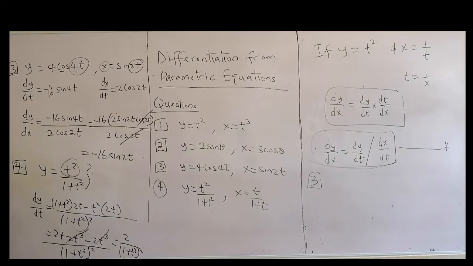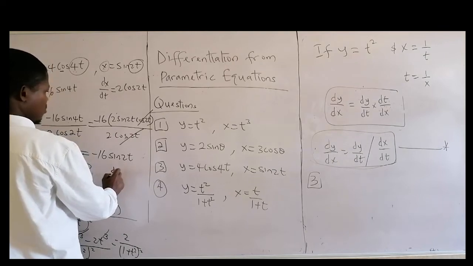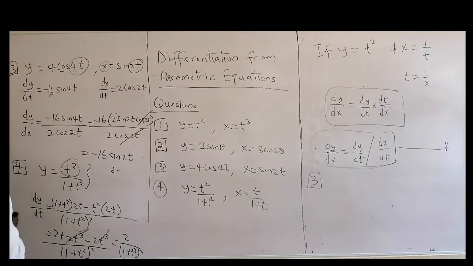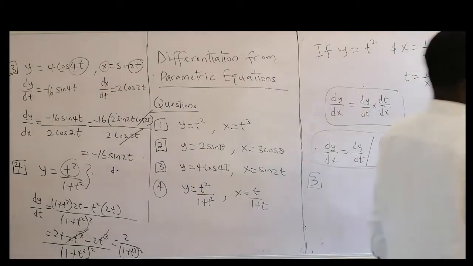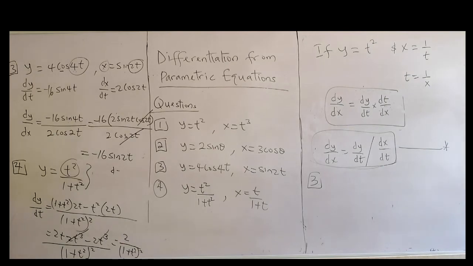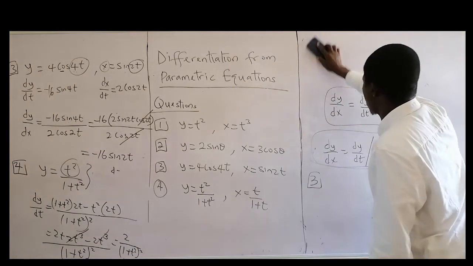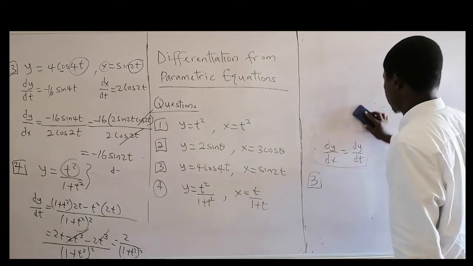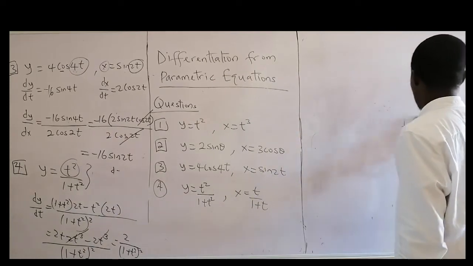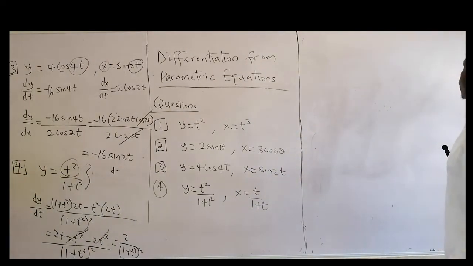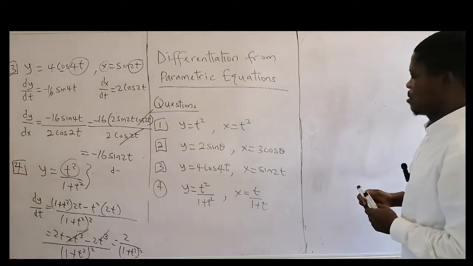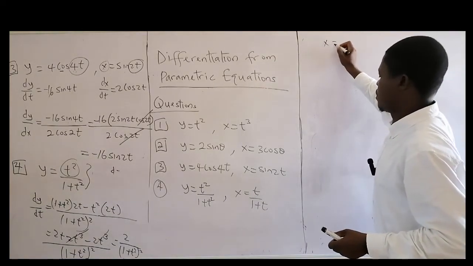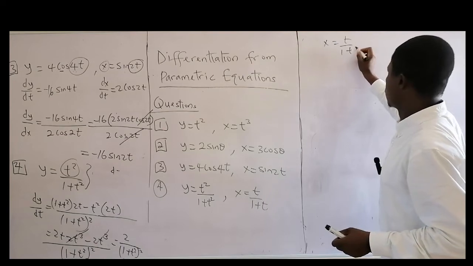Then we can get the other one, which is x. You can get x is t over 1 plus t.